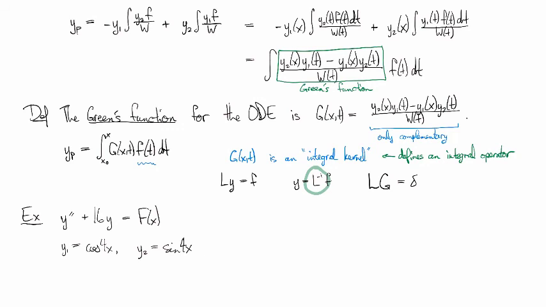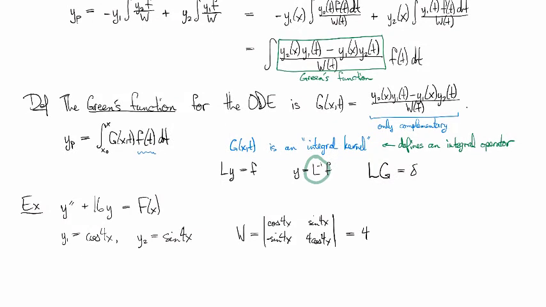If not, you can use the characteristic polynomial. Then the Wronskian is going to be cosine 4x, sine 4x, minus sine 4x, cosine 4x, and this is going to be 4.